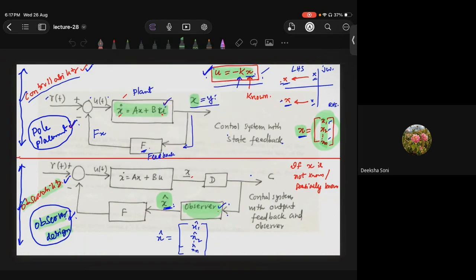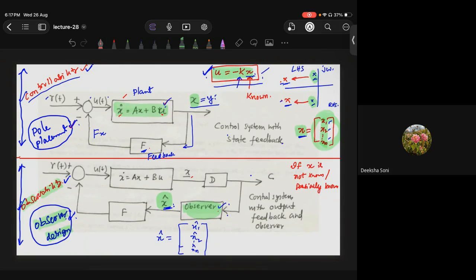We have these poles which are near the j omega axis. They are stable poles because they are on the left hand side, but they are near the j omega axis. You might feel that they may shift to the right side.